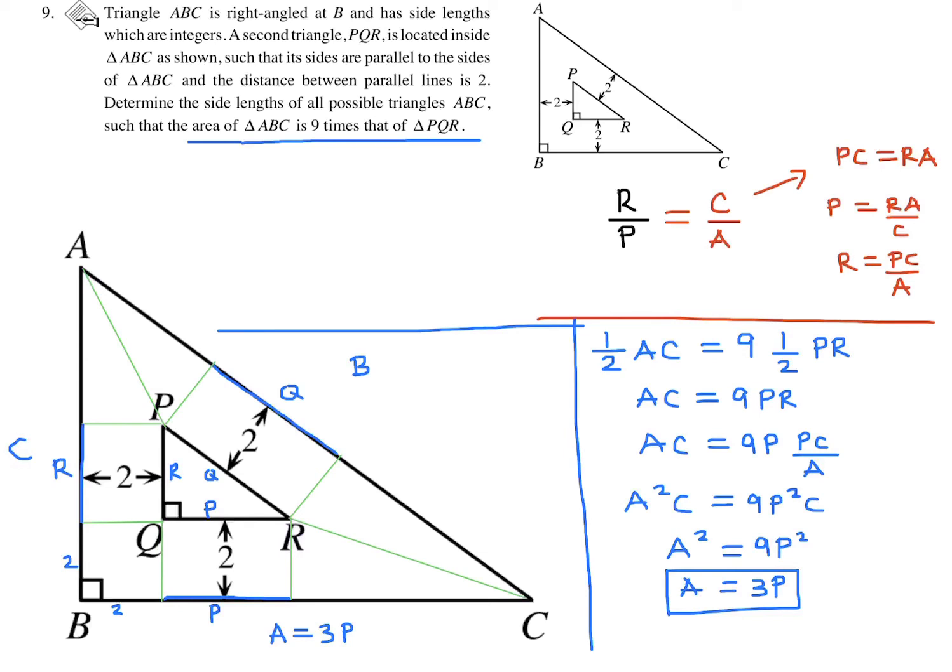So again, using this formula right here, AC is equal to 9PR, right? Because the halves cancel.